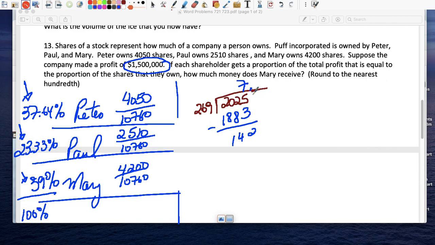I'm going to add a decimal, bring a 0 down. Times, let's see, 269 is about 300, maybe 5? Let's try 5. 5 and 45, carry the 4, 34, carry 3, 5, 10, 12, 13. Okay, that worked. 10 and 5 is 5, 11 and 4 is 7. I'll bring another 0 down.